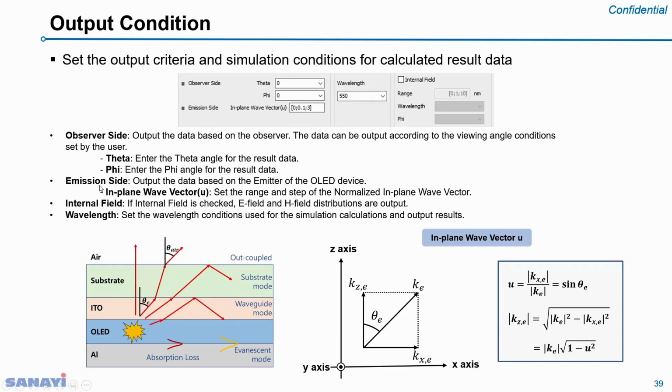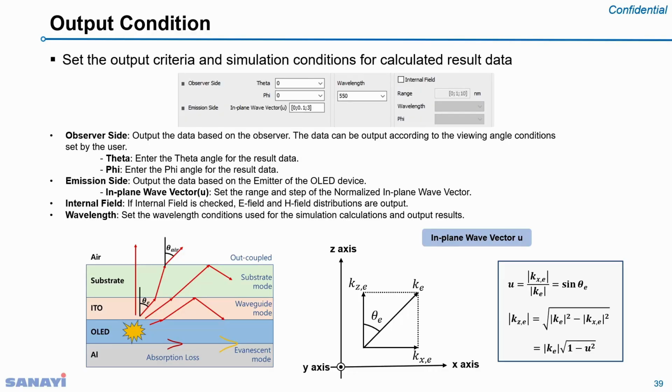And emission side means results are output based on the emitter. Specify the range of the in-plane wave vector. The smaller step of the in-plane wave vector, the slower simulation time. Therefore, it is recommended to use step 0.1.